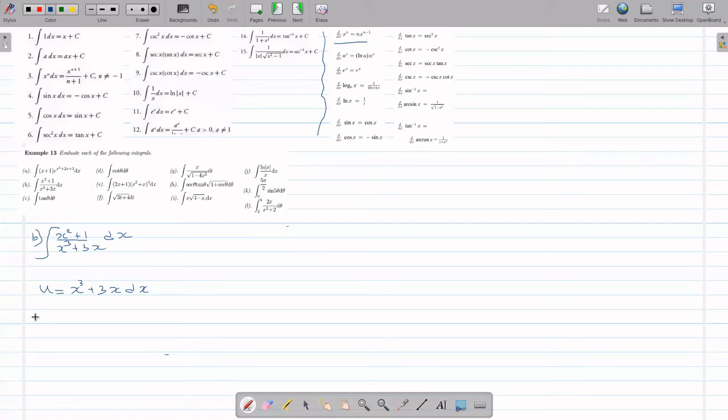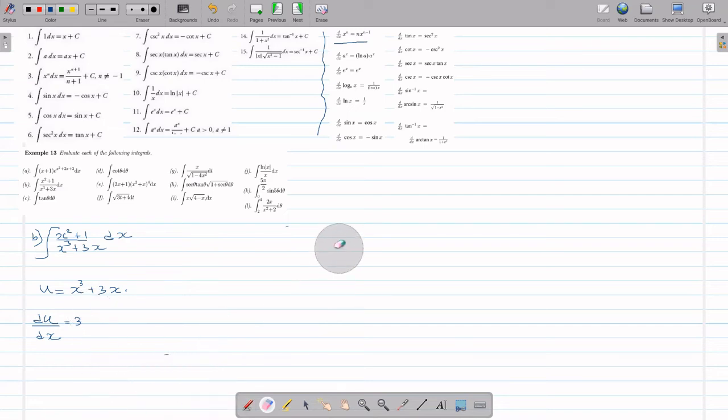Then I differentiate this. Okay, so here I use the sum rule. This is x cubed plus 3x, no?